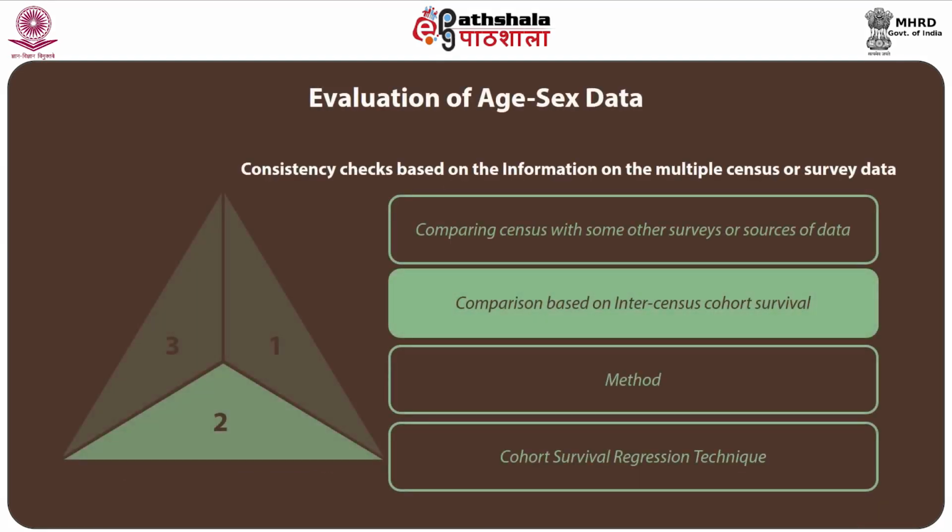A comparison based on inter-census cohort analysis or cohort survival is the second possible way to compare data available at 2 time points. In a population that is apparently closed to migration, the population between 2 successive censuses can be linked with the variations caused by births and deaths.